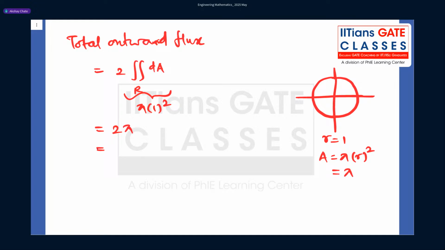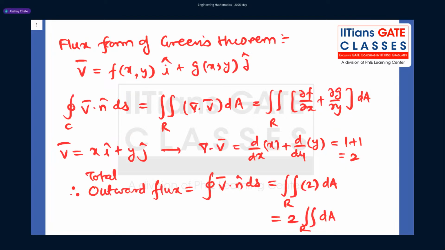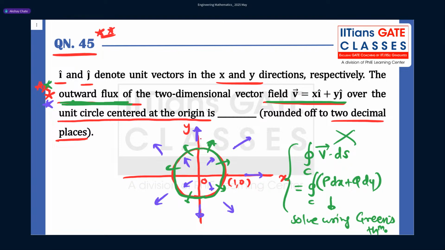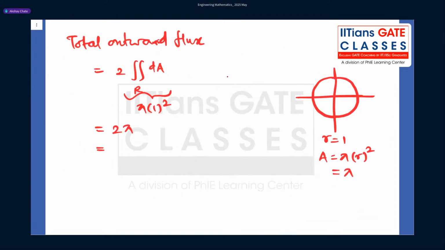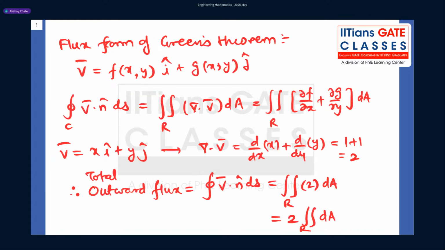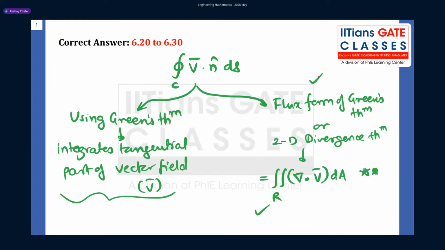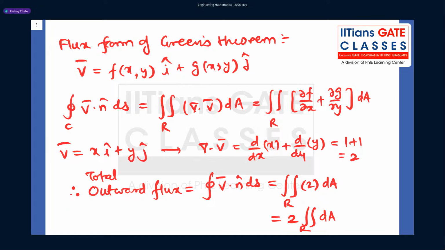So pi is 3.14, right? They wanted you to round it off to 2 decimal places, so in that case pi is 3.14 and 2 pi will be 6.28. Okay, and this is your answer. Let me just check. Yeah, 6.28 is the correct answer.